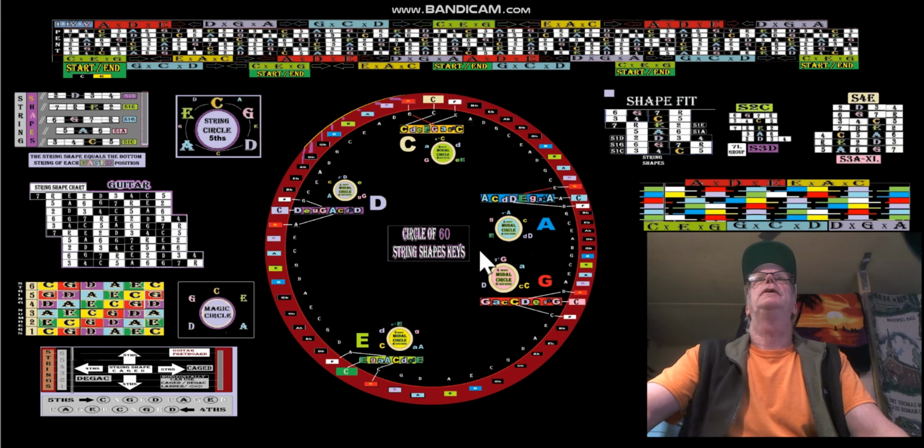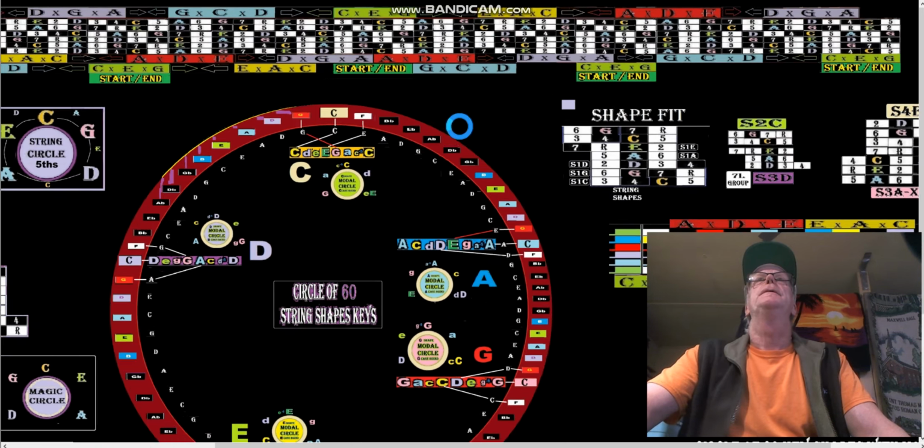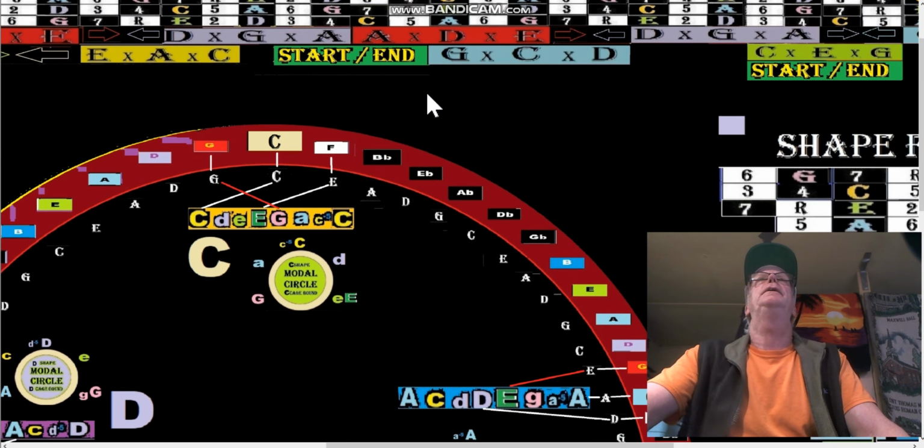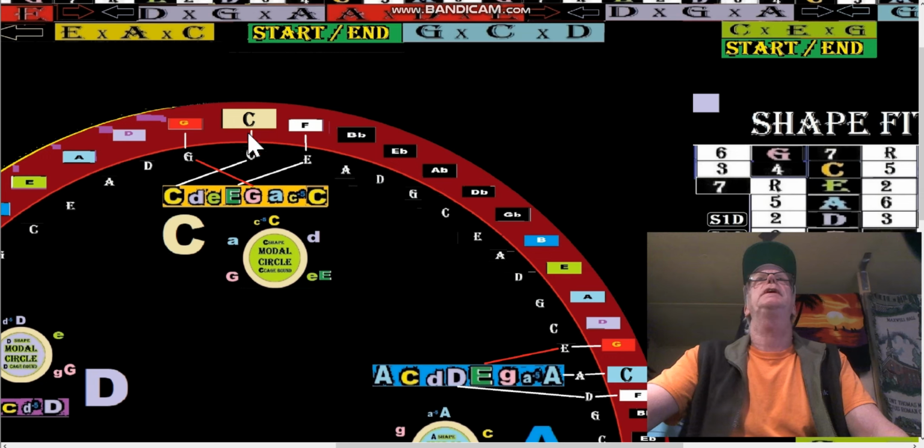This is the circle of 5ths string shapes. So we start in the C shape C. Okay, and then we just follow CAGED there. So we go to the C shape C, and then we go to the A shape there.